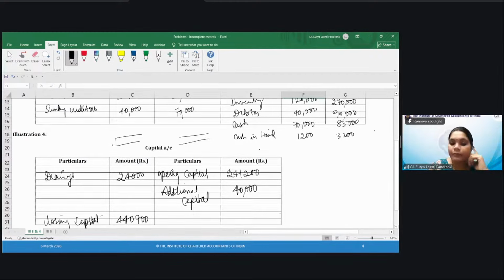Now what is the balancing figure? Calculate the balancing figure. 183,500. Is that right? We got this from 2-3 persons.